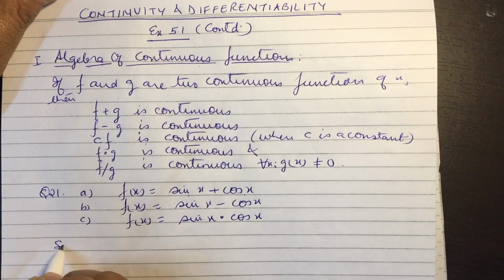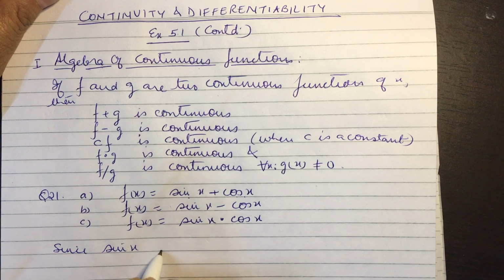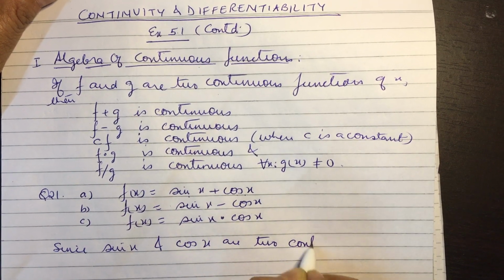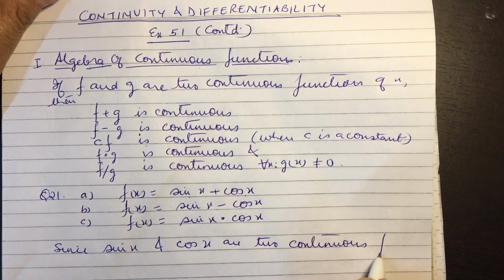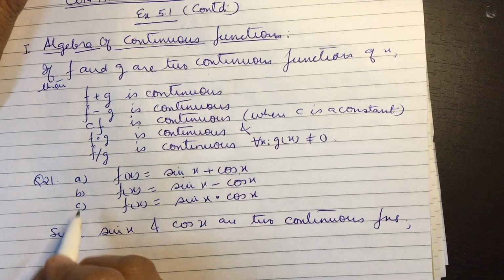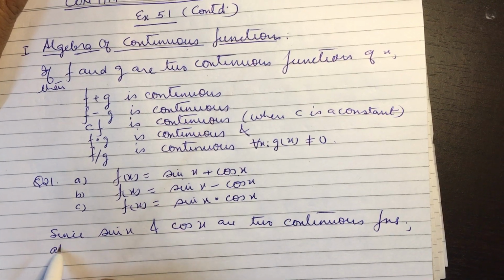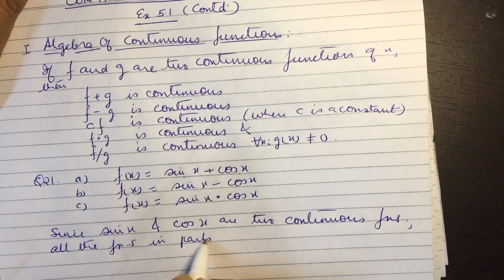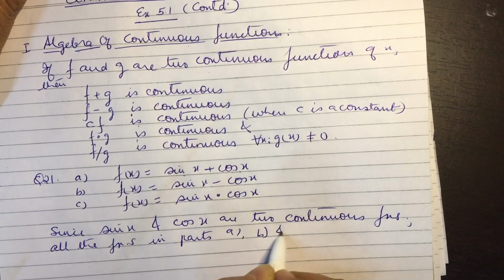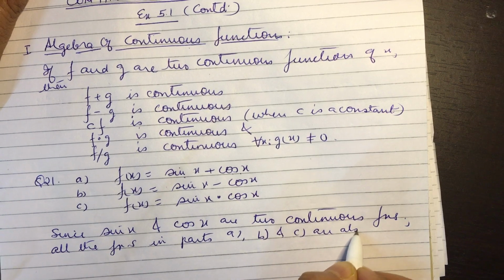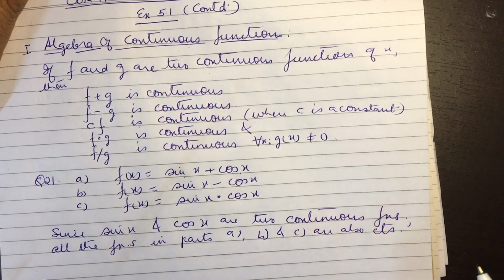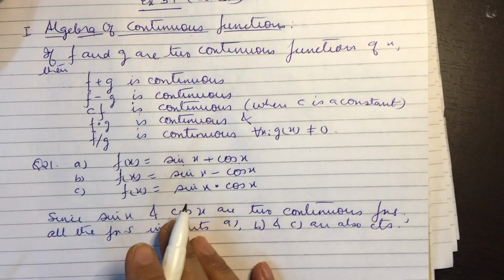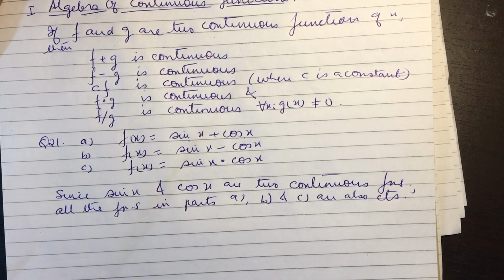So, we write: since sin x and cos x are two continuous functions, all the functions in parts A, B and C are also continuous. Okay. Now, along the same lines, we can do any question of this kind.